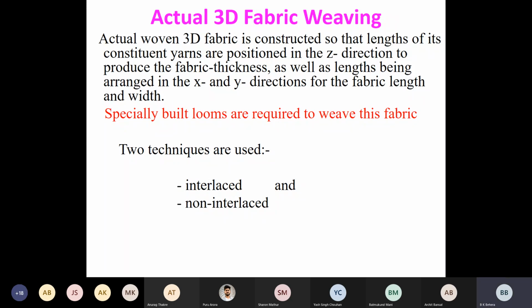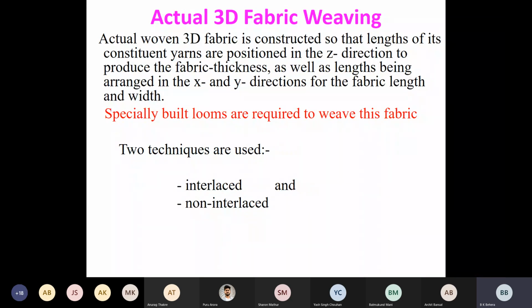And these fabrics are produced on specially built looms. I will show you some of the weaving machines developed so far to produce these kinds of fabrics. And there are two techniques used to make the solid structure. One is called interlaced 3D fabric, another is called non-interlaced 3D fabric. Remember, they are all solid structures.